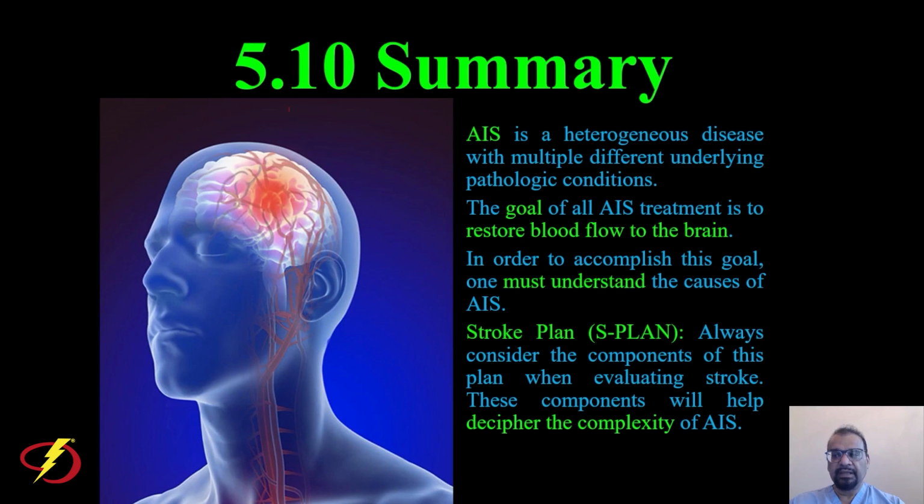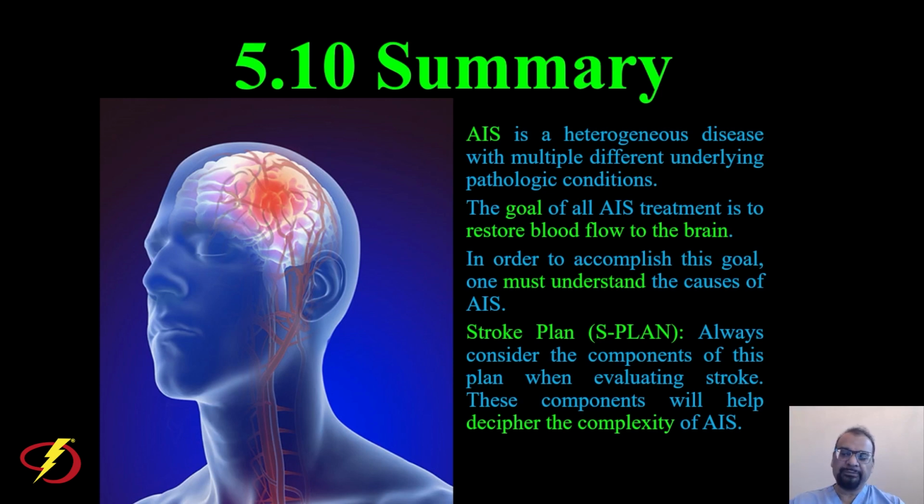So in summary, acute ischemic stroke is a very heterogeneous disease with multiple different underlying pathologic conditions. The goal, however, of all acute ischemic stroke treatment is to restore blood flow to the brain and restore flow to that ischemic penumbra, that threatened region of the brain that's still alive but is non-functional. Okay?